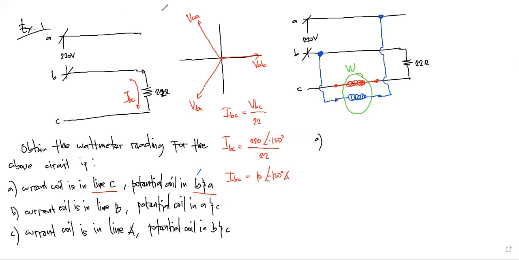We give the following notation: this would be current IA, this would be current IB, and of course this would be current IC.